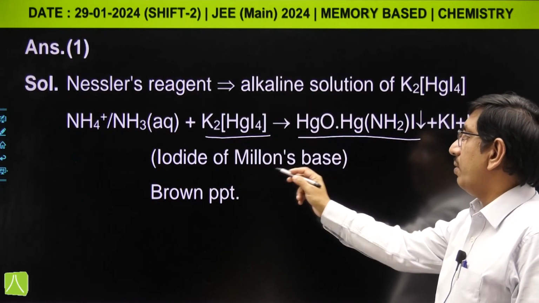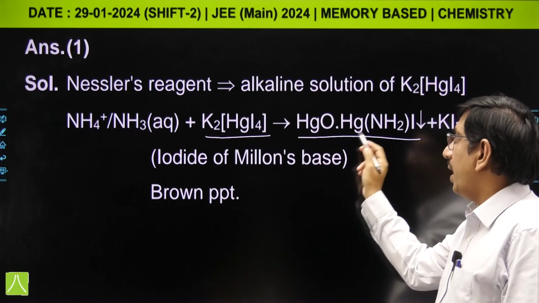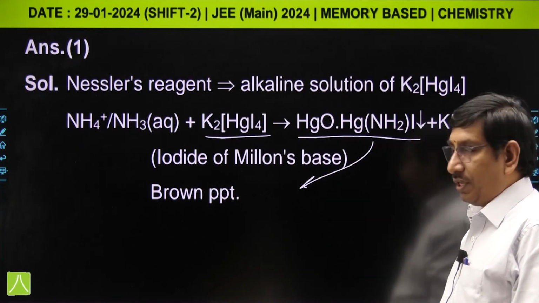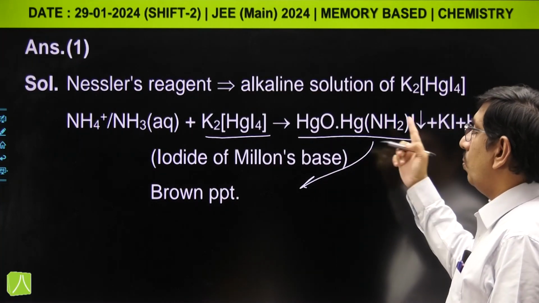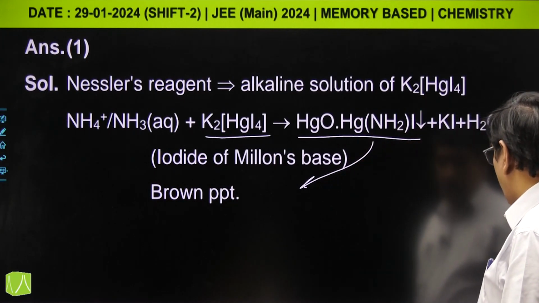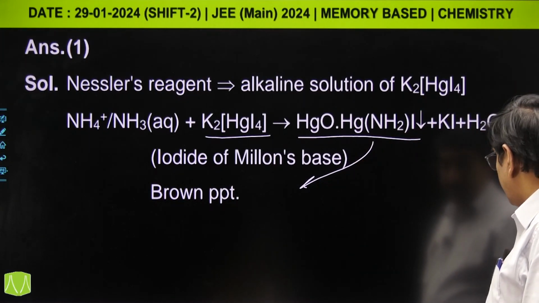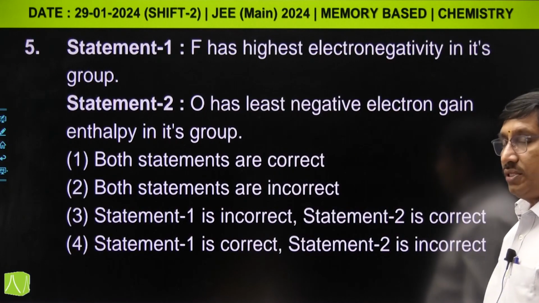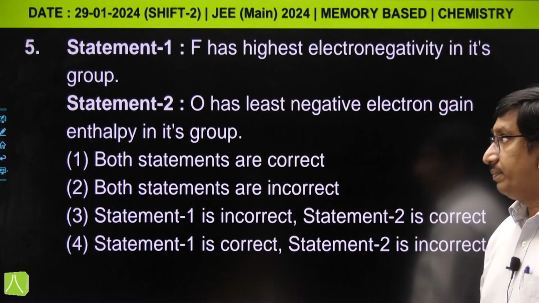This is called iodide of Millon's base and it is the brown precipitate. So, only ammonia can give this brown precipitate and remaining gases do not give the brown precipitate with Nessler's reagent.